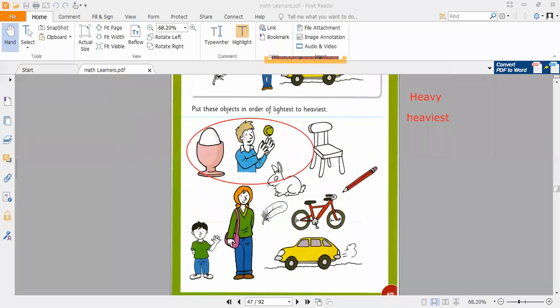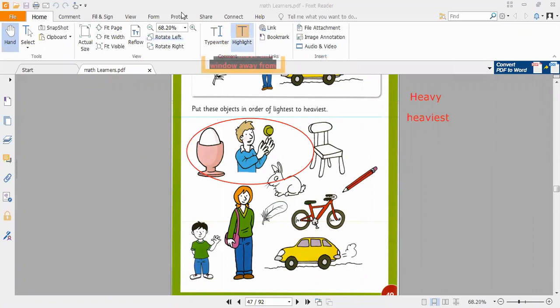In the first group, we have egg, ball, and rabbit. This is our first group. What is the lightest between these three things? Okay, Albara raised his hand.